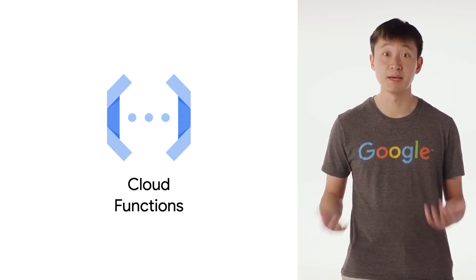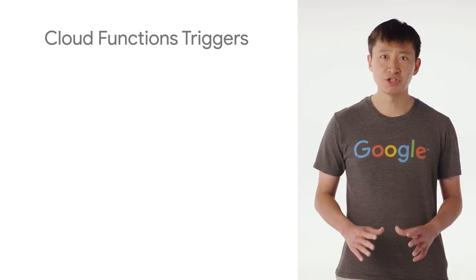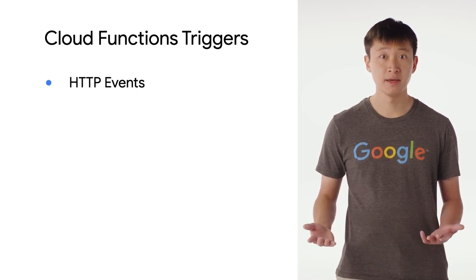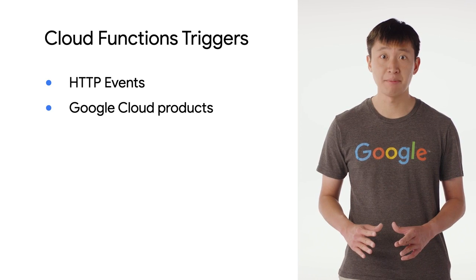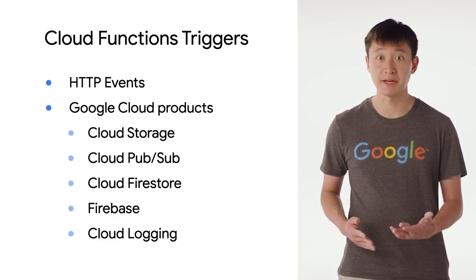Using Cloud Functions is simple. All you do is write a function and deploy it to the cloud. You can do so with programming languages like Python, Ruby, PHP, Node.js, Java, Go, and .NET. Functions can be triggered by HTTP events, like a user visiting a URL. They can also be triggered when something happens in another Google Cloud product, like when a database like Cloud Firestore is updated.